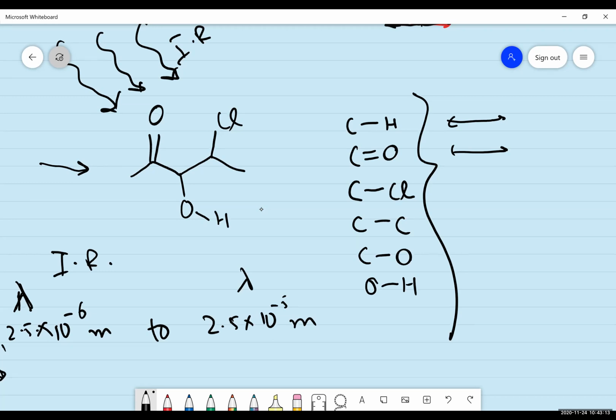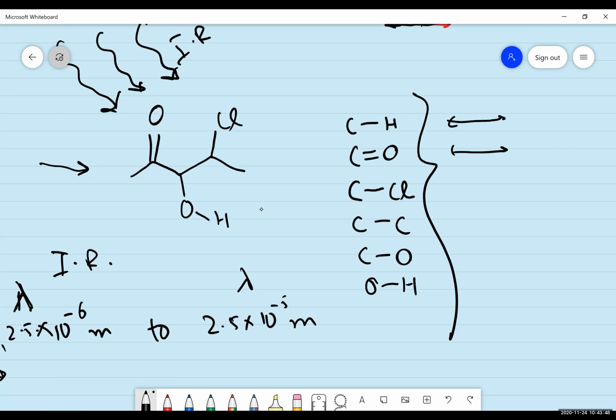I'll give you an idea: if the bond is more polar, then it would vibrate at more energy. If the bond is less polar, it will vibrate at less energy. It's oversimplistic because there are different kinds of motions present, which we'll learn in a couple of slides later. But that's a simple idea.